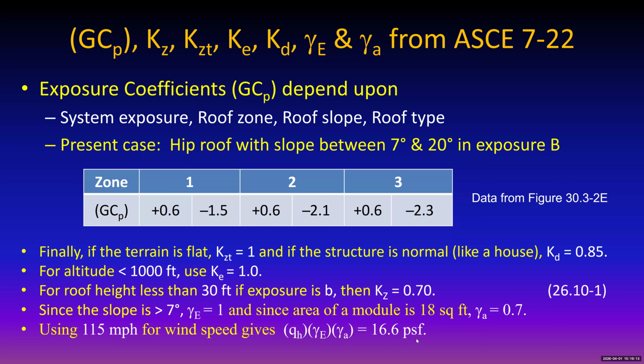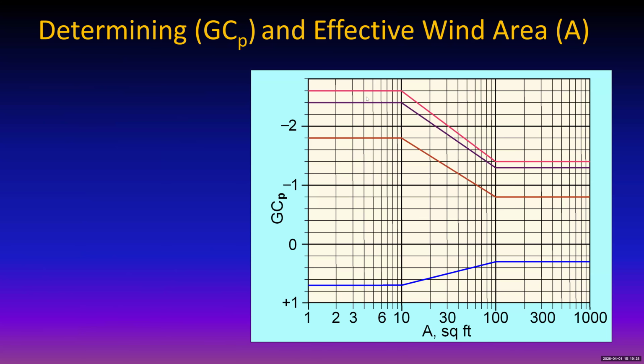Now we look for GCp in the effective wind area. How do you do that? Well, what's this graph you see in ASCE 7-22 for a hip roof with a slope between 7 and 20 degrees, which is what we have. And you notice the logarithmic scale horizontally, and between 10 and 100 square feet, this coefficient gets smaller.